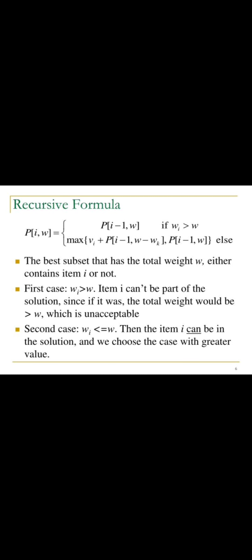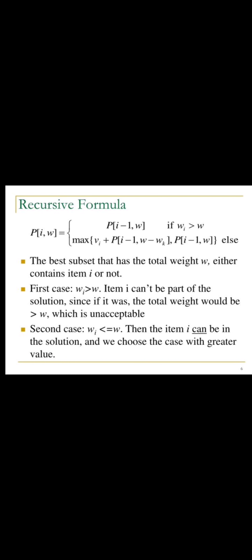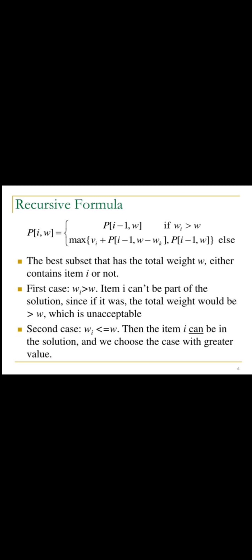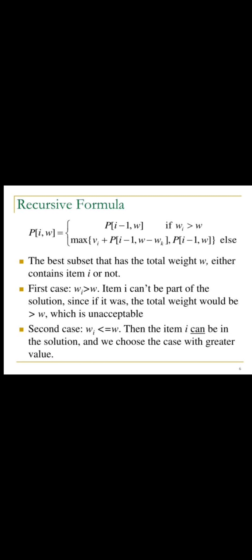P(i-1, W) if wi is greater than W; max of vi plus P(i-1, W-wi), and P(i-1, W) else. The best subset that has total weight W either contains item i or not.